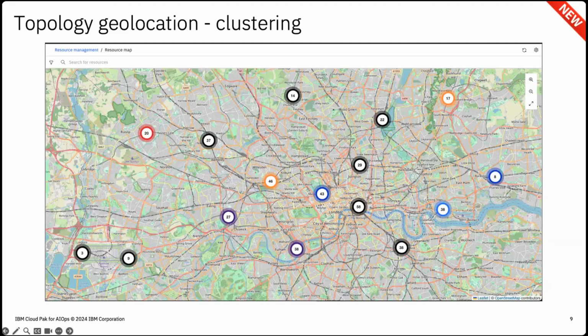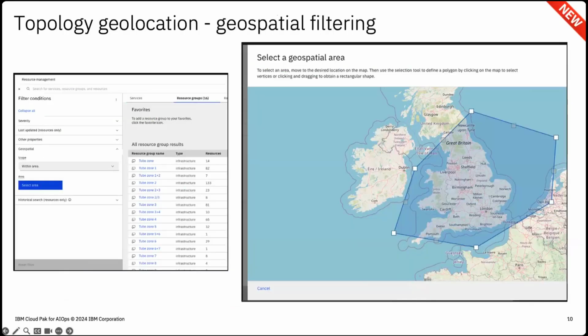Again, it looks great and demos really well. We have these advanced filter builder capabilities in the topology where you can construct advanced filters and do things like show me every VM that was critical. Now you can extend that to show me every VM that was critical in Dallas, as an example.